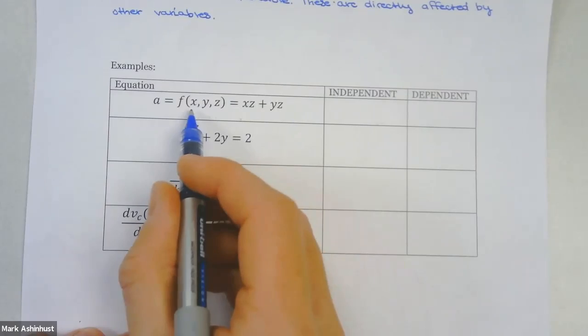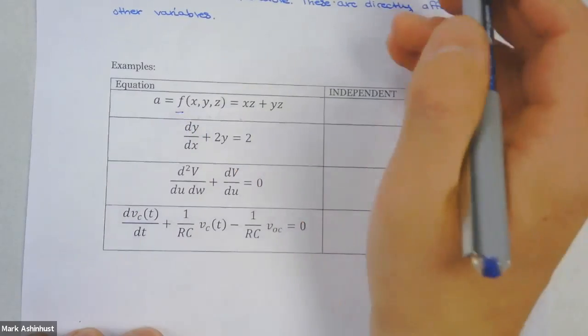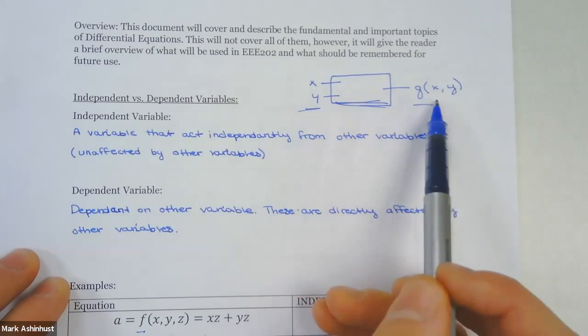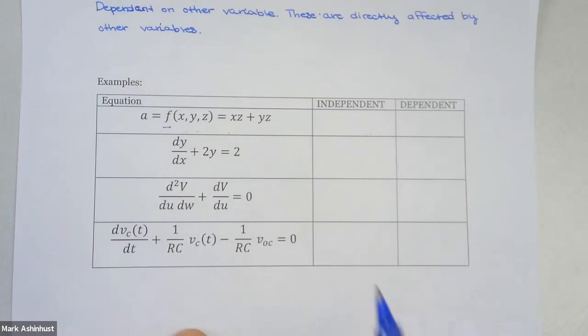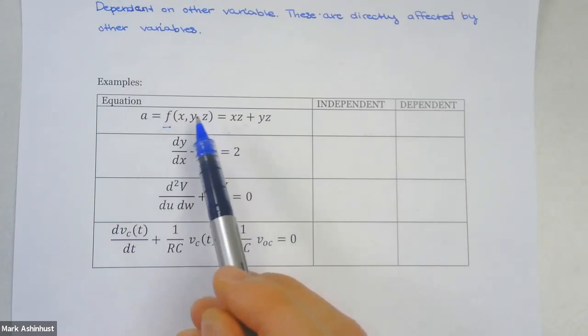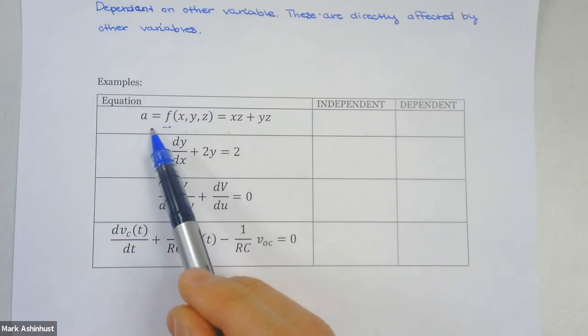So looking at it, we can see we have our function, and going back up here, we see we have our inputs and then the output function. Coming back here, we can see we have f of x, y, z relative to a.